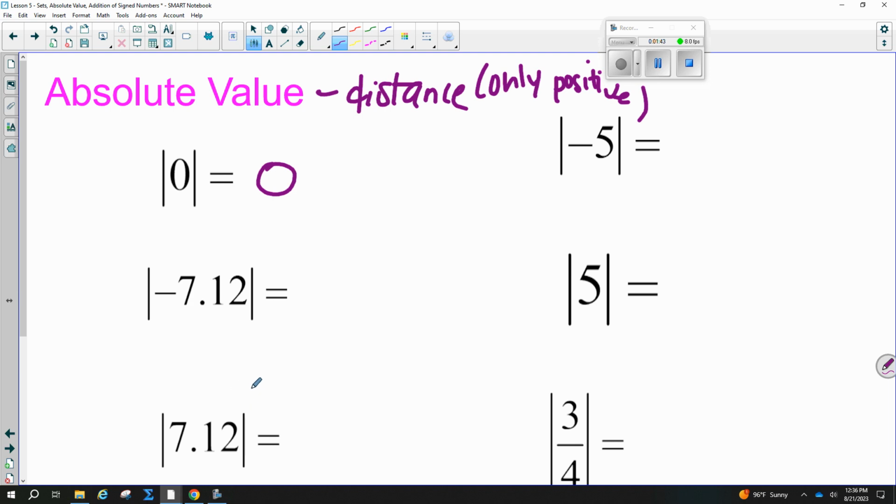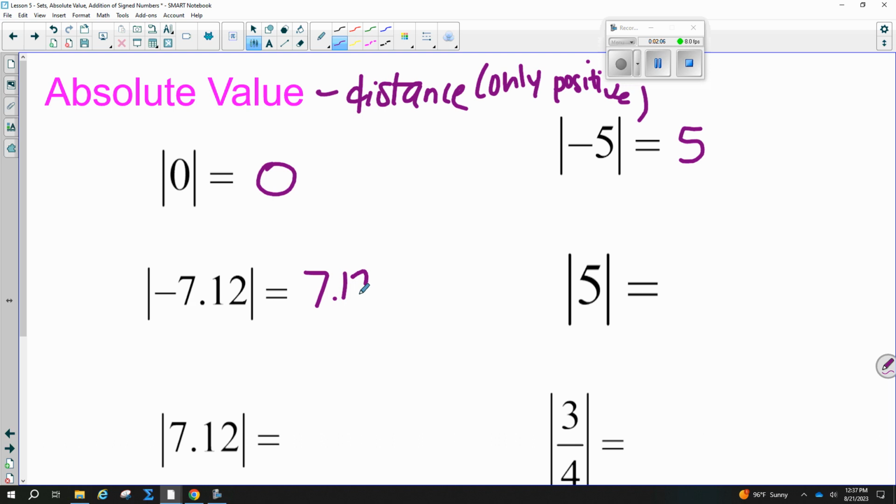And let's do the absolute value of -5. So these bars mean absolute value. So like how far away is this number from 0? 5. And you drop the bars, right? So you don't write the bars anymore and you make it positive because absolute value is saying distance from 0. All right, and what's the absolute value of -7.12, everyone? Great.